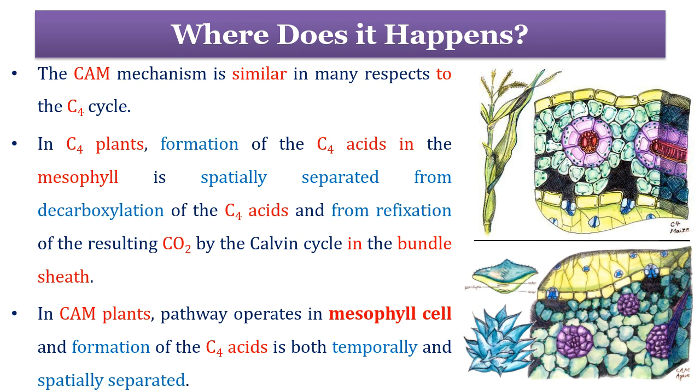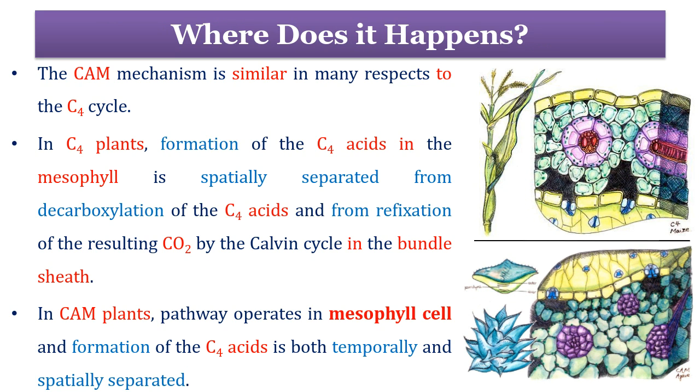Now this CAM pathway happens in mesophyll cells. The CAM mechanism is similar in many respects to the C4 cycle. In C4 plants, formation of C4 acid in the mesophyll is spatially separated from the decarboxylation of C4 acid and from refixation of the resulting carbon dioxide by the Calvin cycle in the bundle sheath cells.